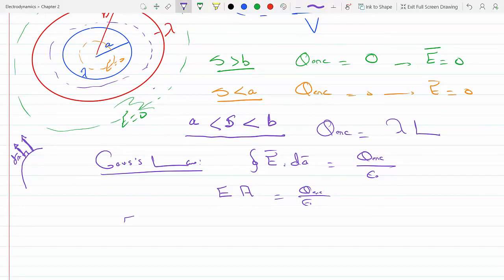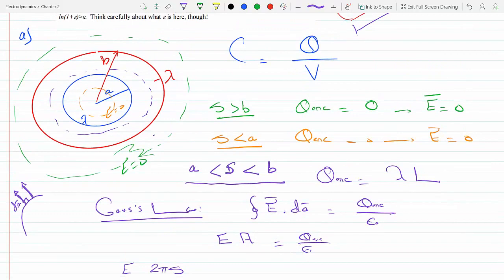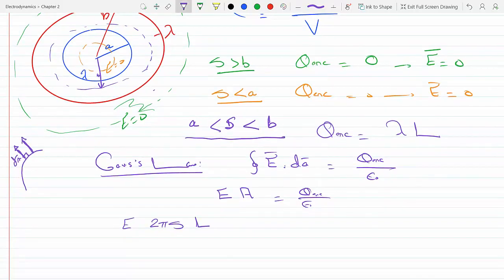And the area of that piece of a cylinder is just 2 pi s L, because the radius of my Gaussian surface here is s. So E times 2 pi s L equals Q enclosed, which is lambda L, divided by epsilon.